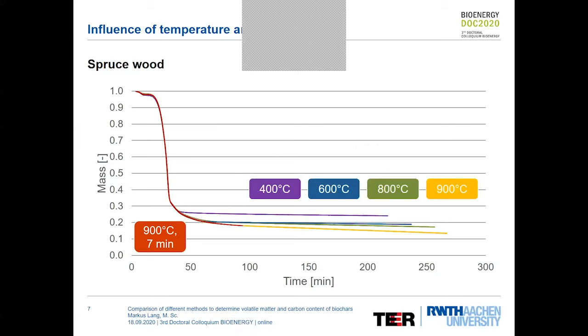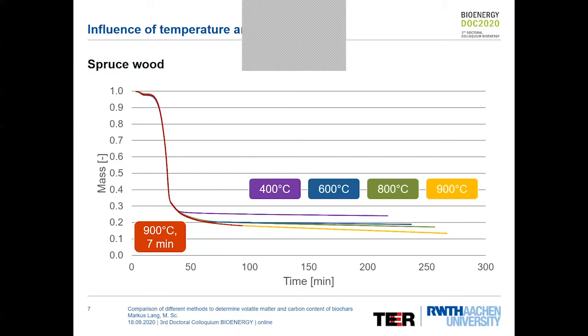And there you can see that especially above 600 degrees, the results are quite similar, with the only difference that the mass loss rate at 900 degrees is much higher than at the lower temperatures. So we think that the mass loss increases with the higher temperature.